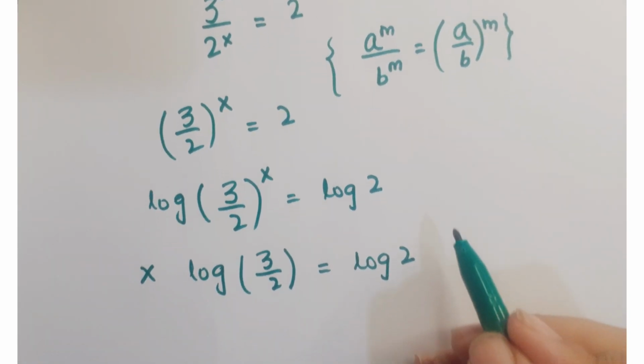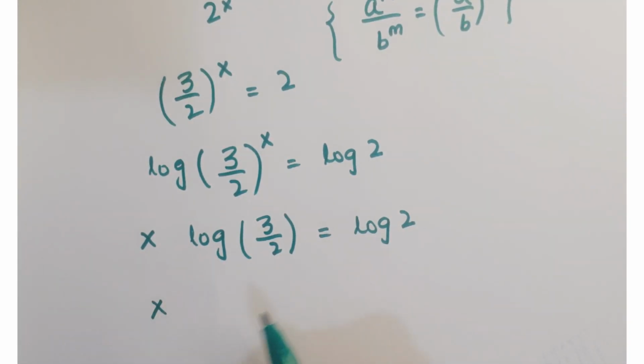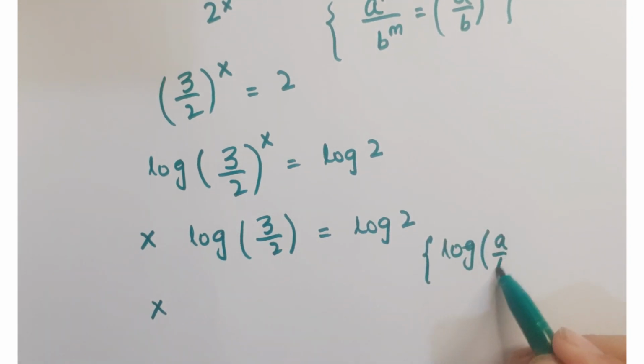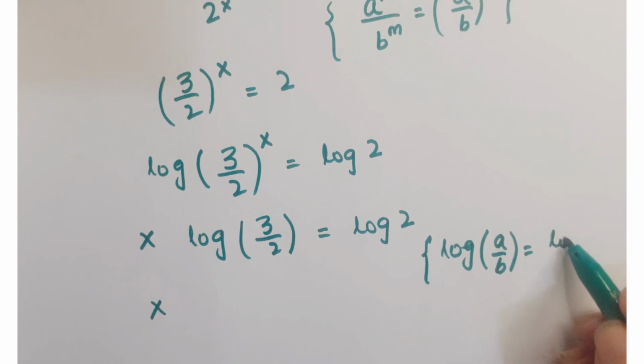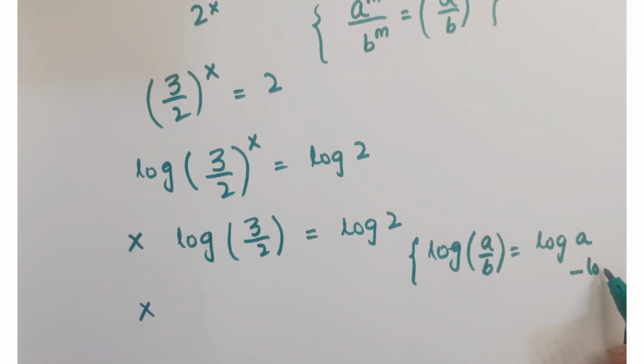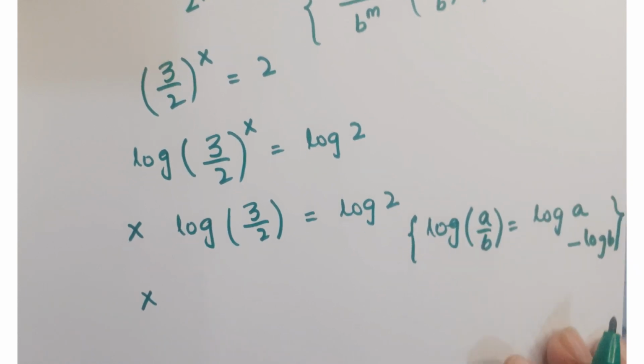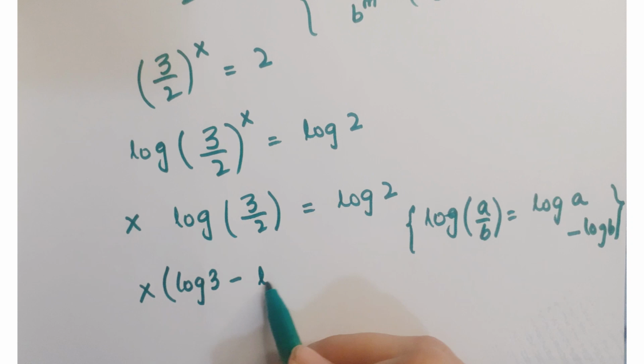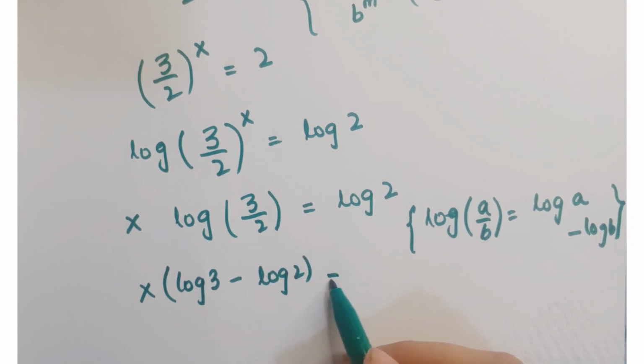So, we have x log of (3 upon 2) is equal to log of 2. Now you can write this, as you know that log of (a upon b) can be written as log of a minus log of b. So we are going to replace this with x(log of 3 minus log of 2) is equal to log of 2.